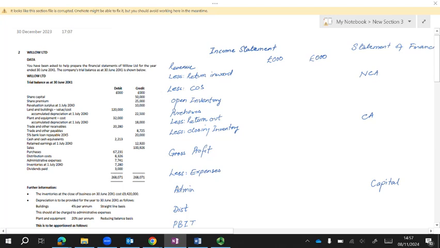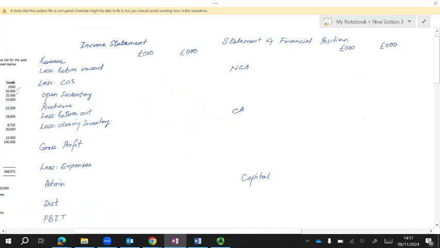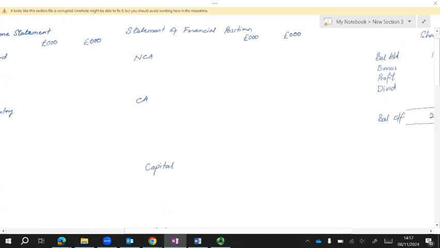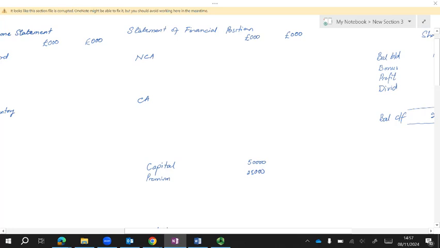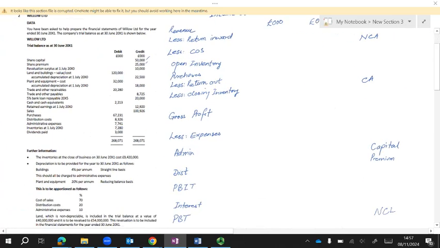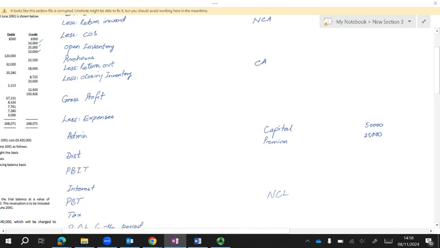Starting from the top, capital is 50,000, premium is 25,000. So capital 50,000, premium is 25,000. Next, we have revaluation of 10,000, which will become part of my capital.